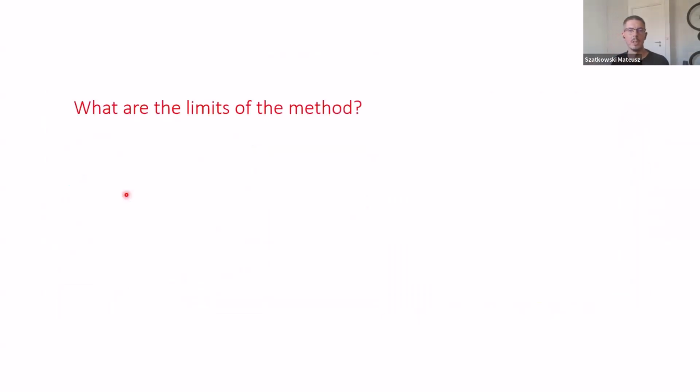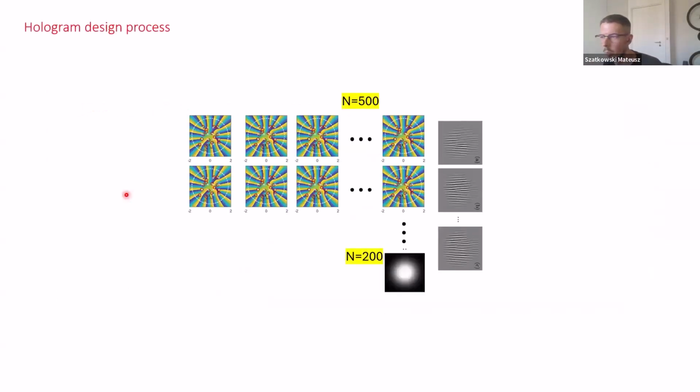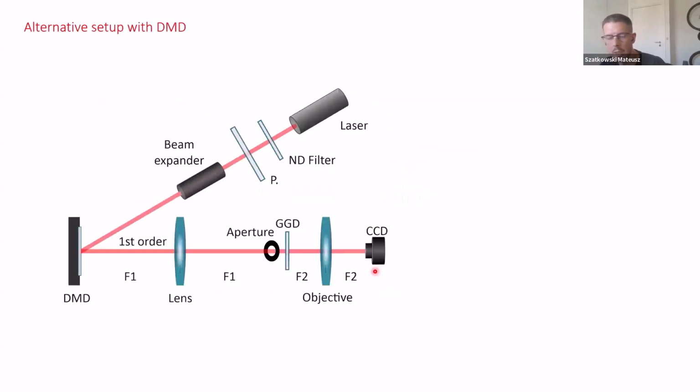But the question is, what are the limits of the method? To do so, we wanted to see if we have to use those variables that they did in their work, or if we can go down with them. So we came up with another setup, which is much simpler, and we checked 2 things at once. Not only the parameters, but also we changed the device.